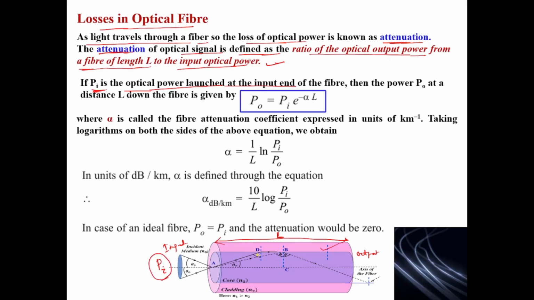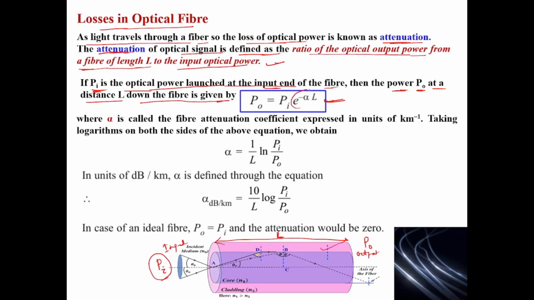So Pi is the optical power launched at the input end of the fiber. Then the power Po at the distance L down the fiber is given by Po equal to Pi into e to the power minus alpha L.